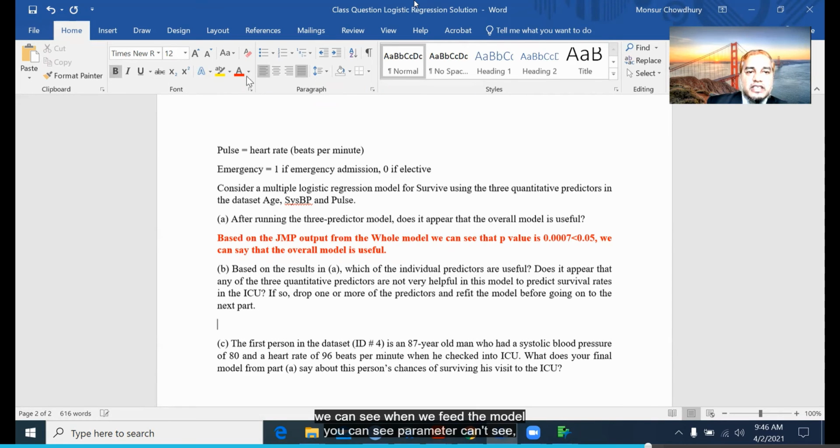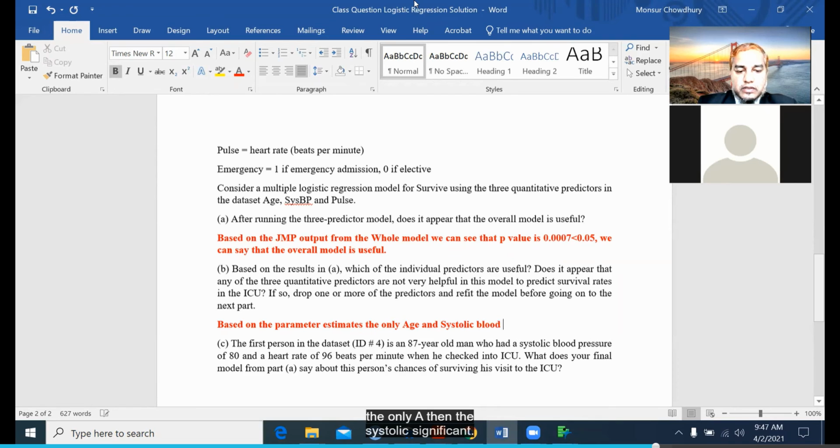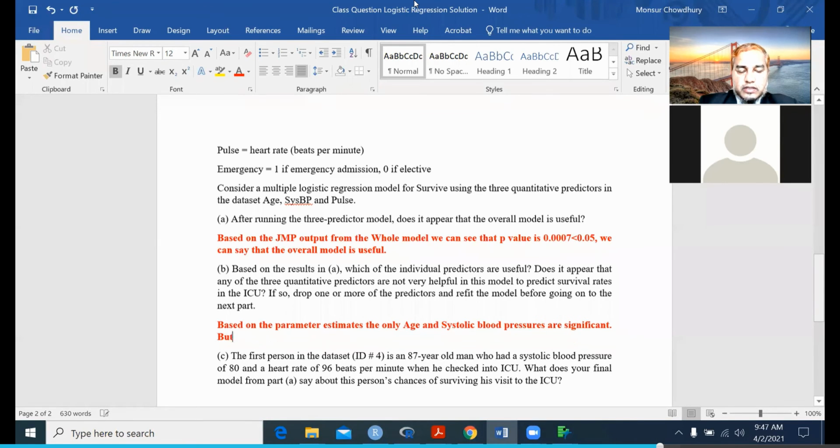First of all, when we fit the model with the three parameters, based on the parameter estimates, only age and the systolic blood pressure are significant, but pulse is not significant.